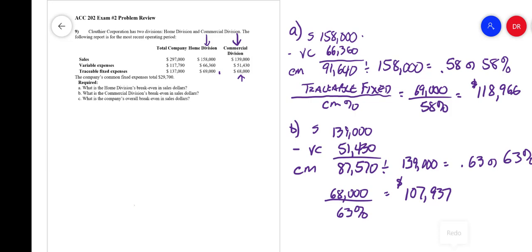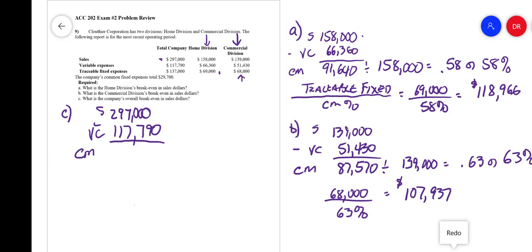Okay. For letter C, they want the overall break-even point. So for letter C, we're going to follow a similar procedure, although it won't be exactly the same. We take the 297, which is the sales for the total company, minus the variable expense or variable cost of 117,790 to get a contribution margin then of 179,210.